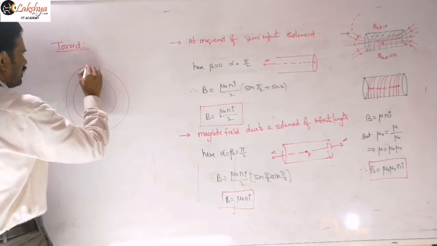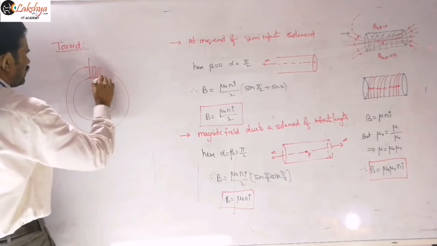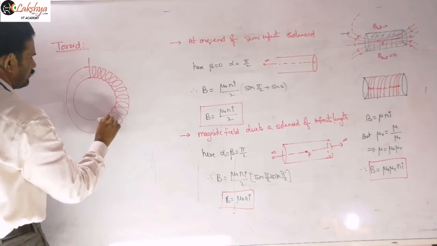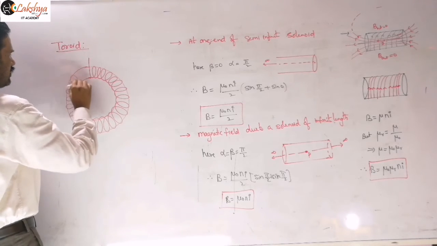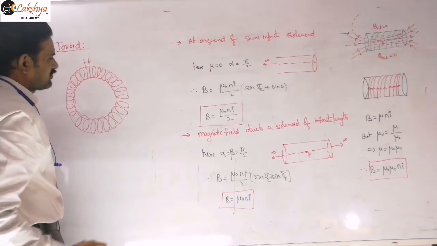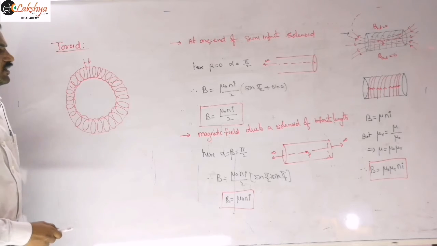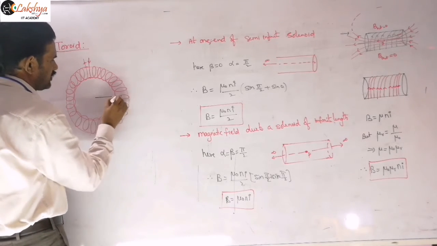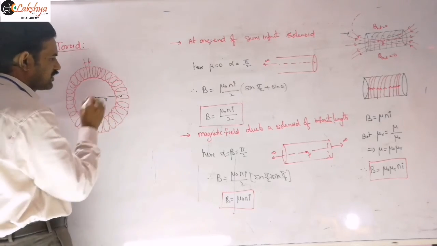The ends of the solenoid are just bent like this, and suppose current is entering here, then it will leave like this, right? So just mention that toroid. The mean radius r we are taking here, the mean radius is r.